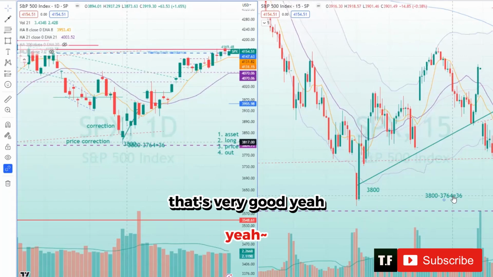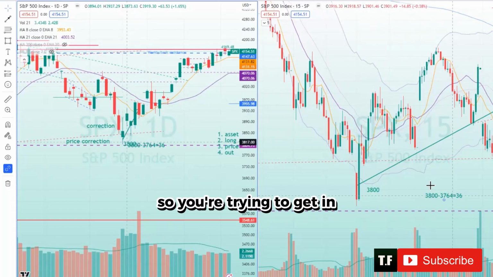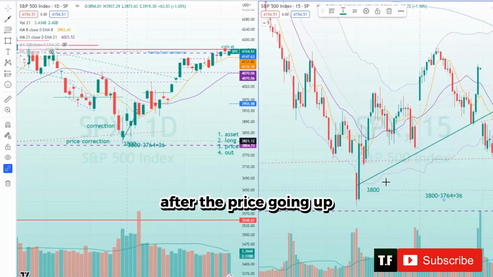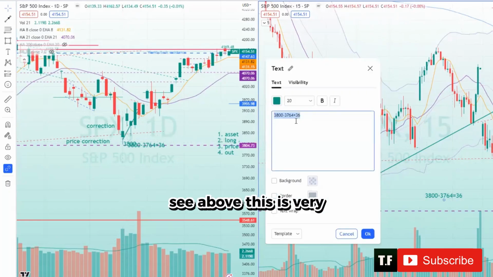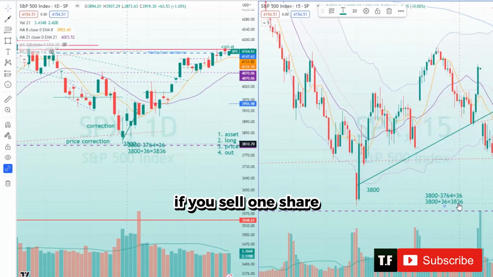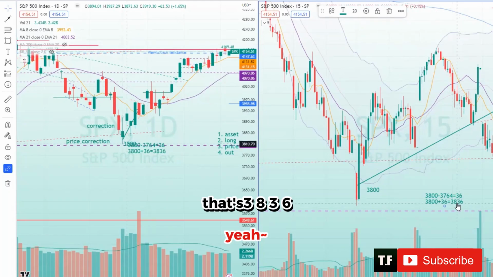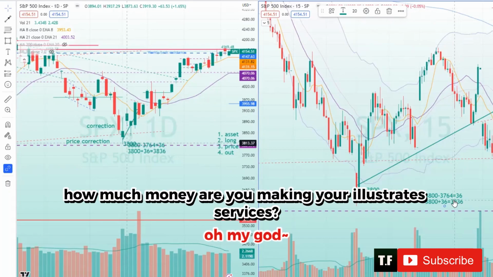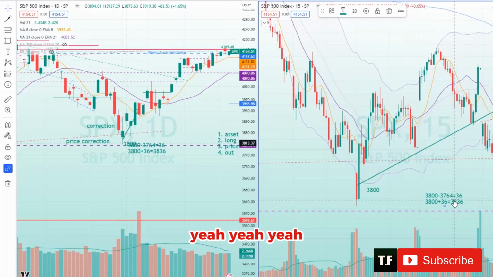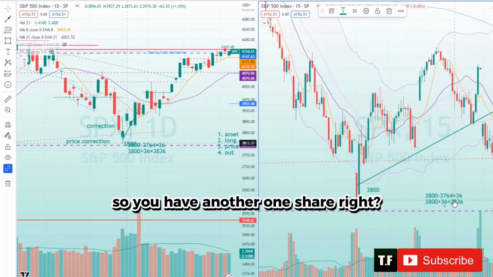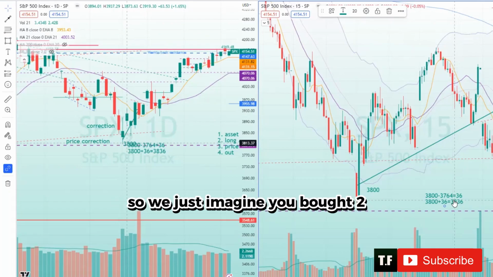That's a very good trade. So you're trying to get in, and after the price goes up, if you sell one share at 3,836, how much money do you make in this trade? $36, right? So you have another one share. We just imagine you bought two.